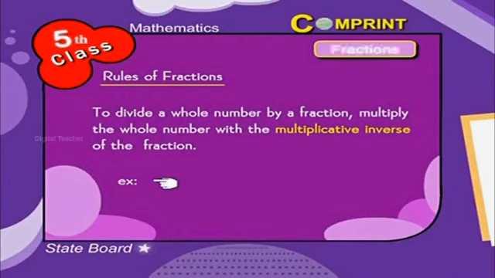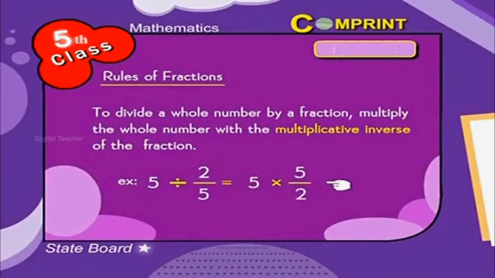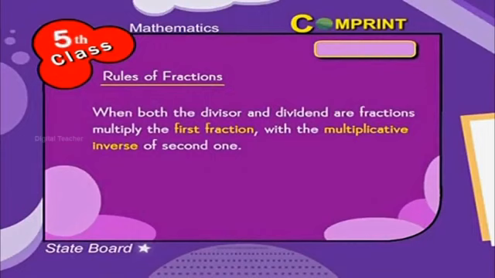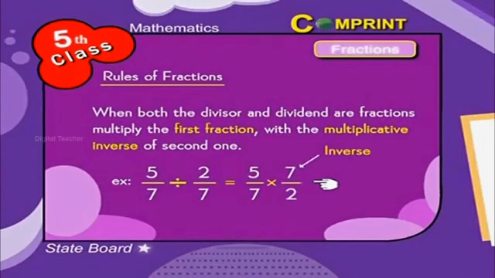Here is an example. 5 divided by 2 by 5 is equal to 5 into 5 by 2. So 5 5s are 25 by 2. When both the divisor and dividend are fractions, multiply the first fraction with the multiplicative inverse of second one. Look at the example. 5 by 7 divided by 2 by 7 should be written like this. 5 by 7 into 7 by 2. If we cancel, 7 1 is 7. That becomes 5 by 2.